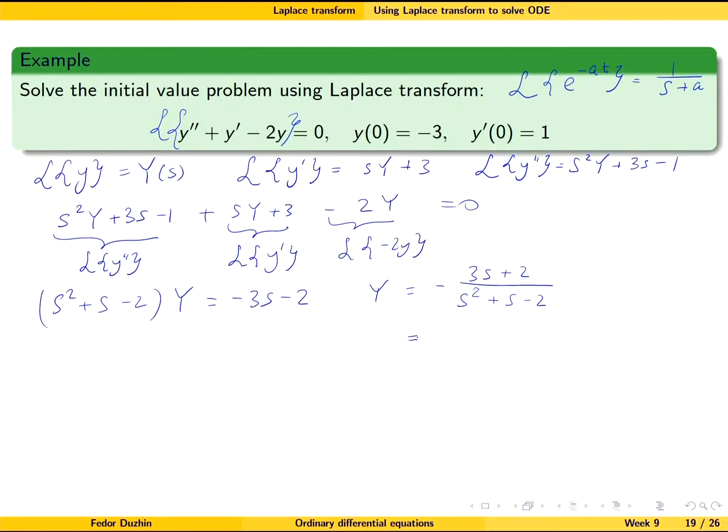So expressing this as a sum of partial fractions, I'm going to get minus 4 over 3 times (s plus 2) minus 5 over 3 times (s minus 1). Notice that 1 over s plus 2 is actually the Laplace transform of e to the minus 2t.